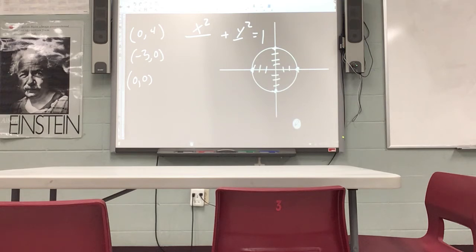So the (-3, 0). Negative 3 squared means what's going to go underneath here? 9. Very good. And then my B would be 4 squared, 16. So that's it, that's your equation.